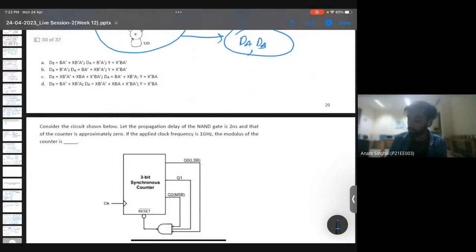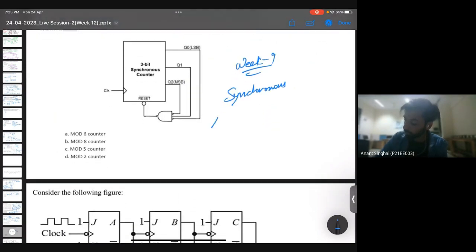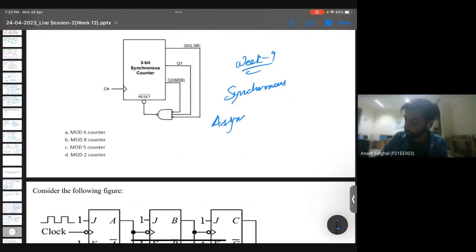Then one more important concept, I guess this is from week 9, which includes the synchronous and asynchronous counters. You should know from a circuit directly which is the synchronous counter and which is the asynchronous counter. In synchronous counters all the clocks are shorted, or all the flip flops are working at the same instant or the same cycle.